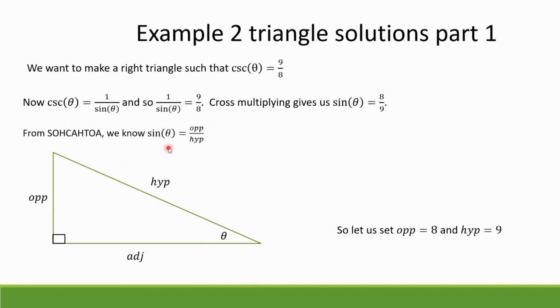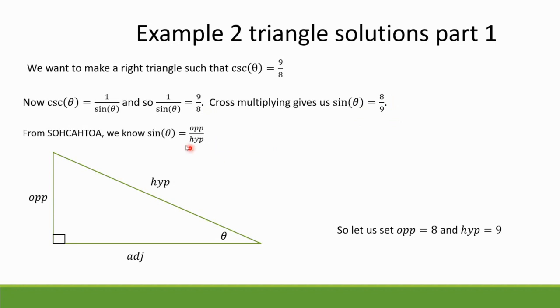And we're saying that sine of theta is 8/9. So what can we do? Well, we can set 8 to be the opposite side and 9 to be the hypotenuse. Mathematically, that doesn't have to be the case, but it's still possible.